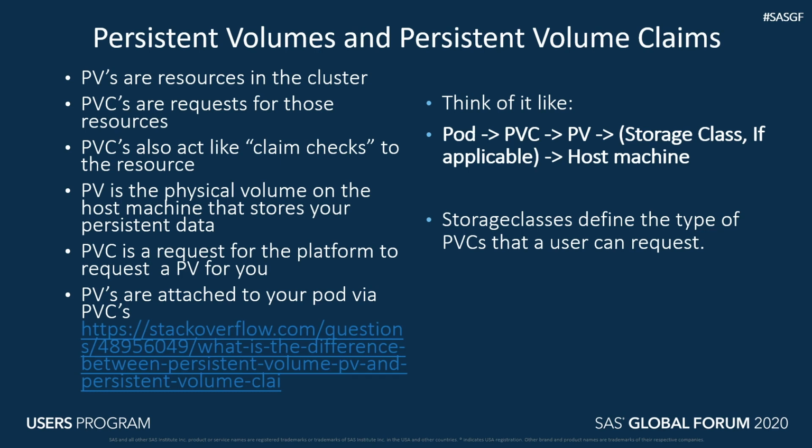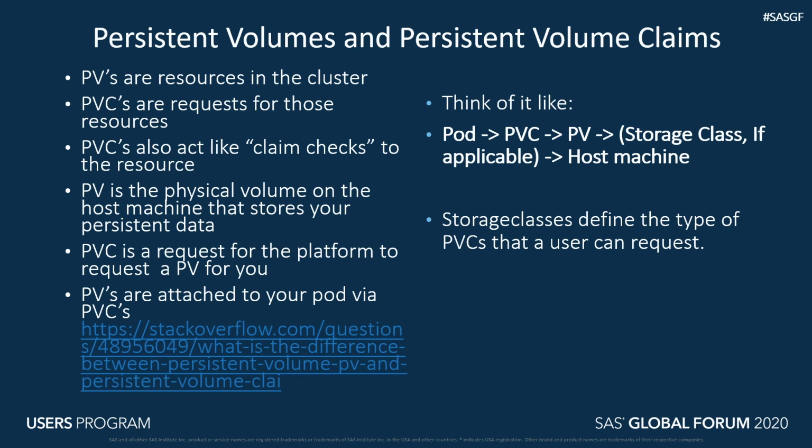Again, persistent volumes are resources in the cluster. They are the physical volumes on the host machine that store your persistent data, the actual storage you're using. The PVCs are the request for these, like claim checks to get to the resource you want. It's a way of telling Kubernetes what kind of storage you want and need, as defined in persistent volumes.